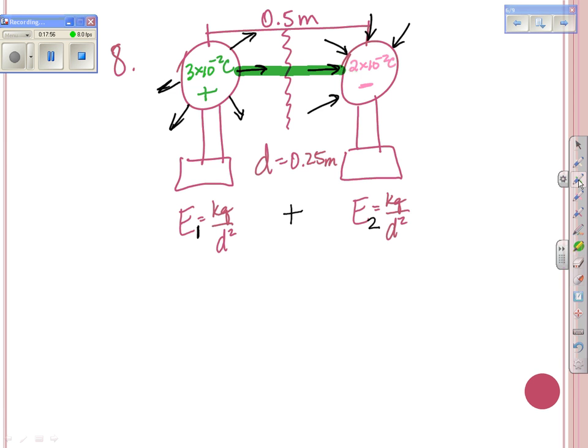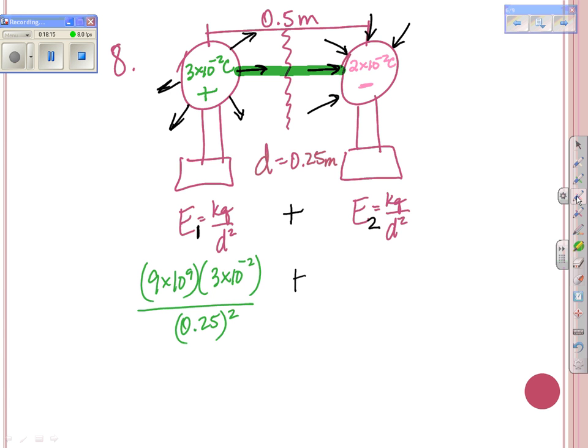I'll find my green electric field by doing 9 times 10 to the ninth multiplied by 3 times 10 to the negative 2 over my distance, which is 0.25 squared. I'm going to add that to 9 times 10 to the ninth multiplied by 2 times 10 to the negative 2 divided by 0.25 squared.